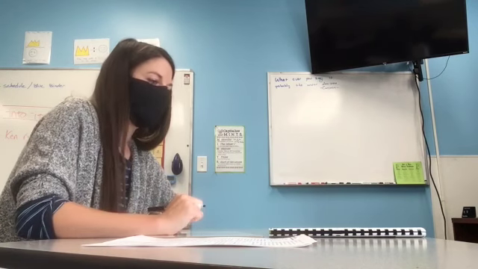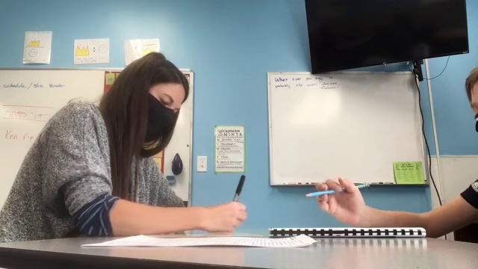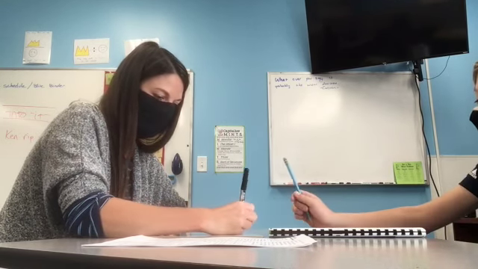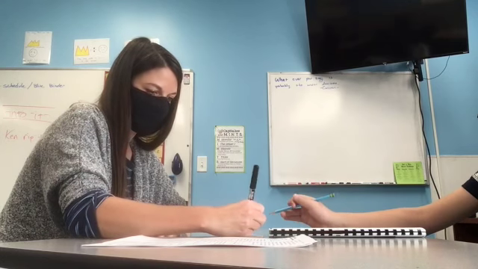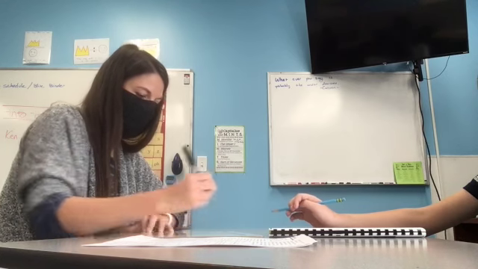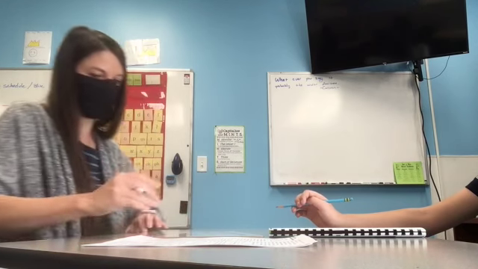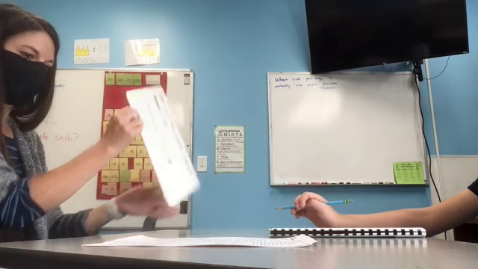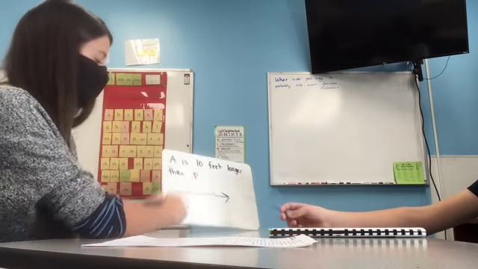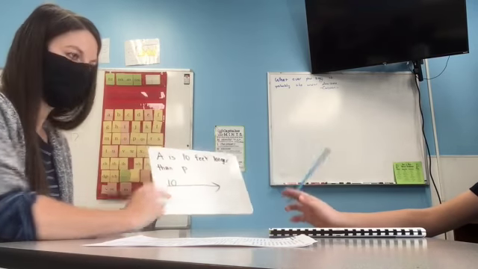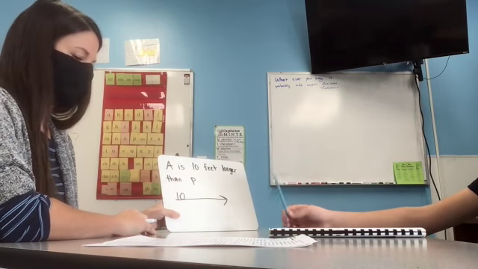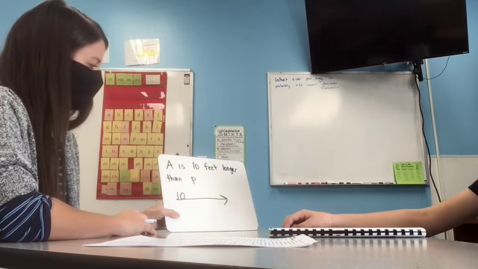Okay, will you read letter C out loud to me? A is 10 feet longer than P. Okay. So what's the first small number? You would have 10 at the start because the first number in the sentence always goes to the start. Great.